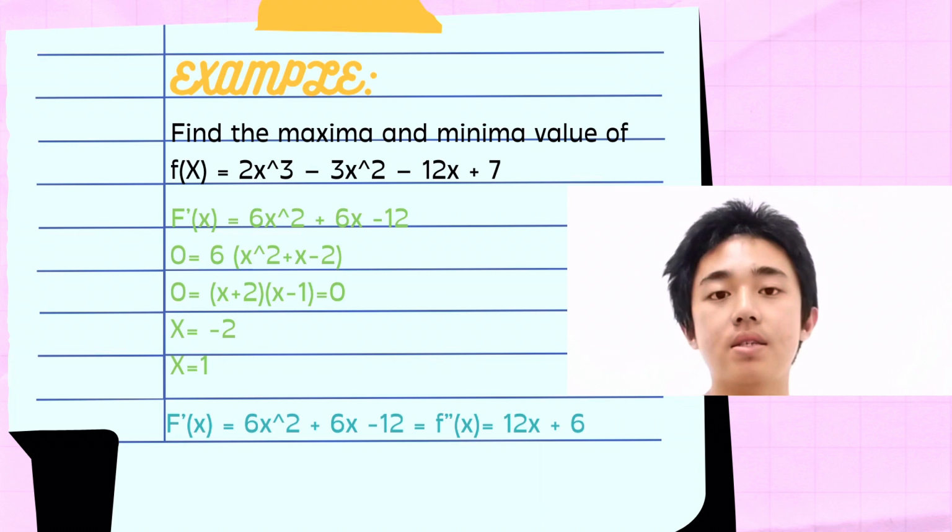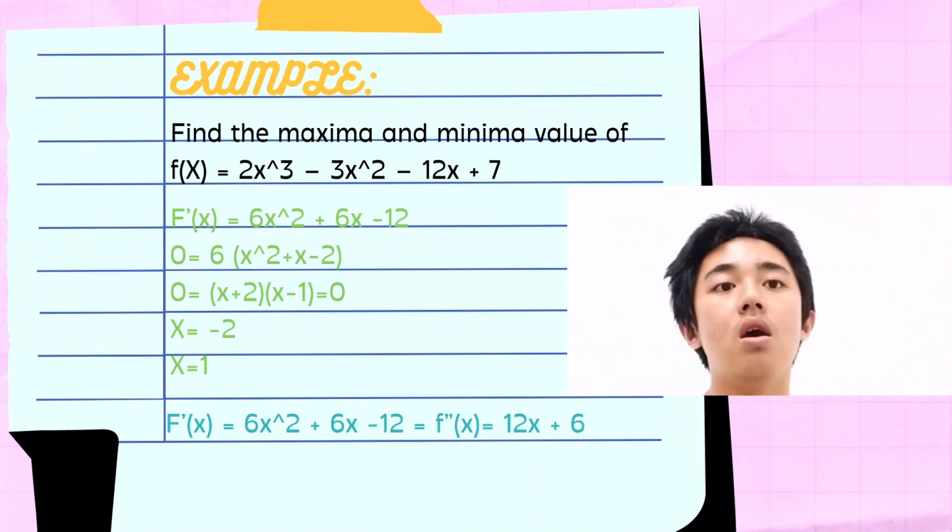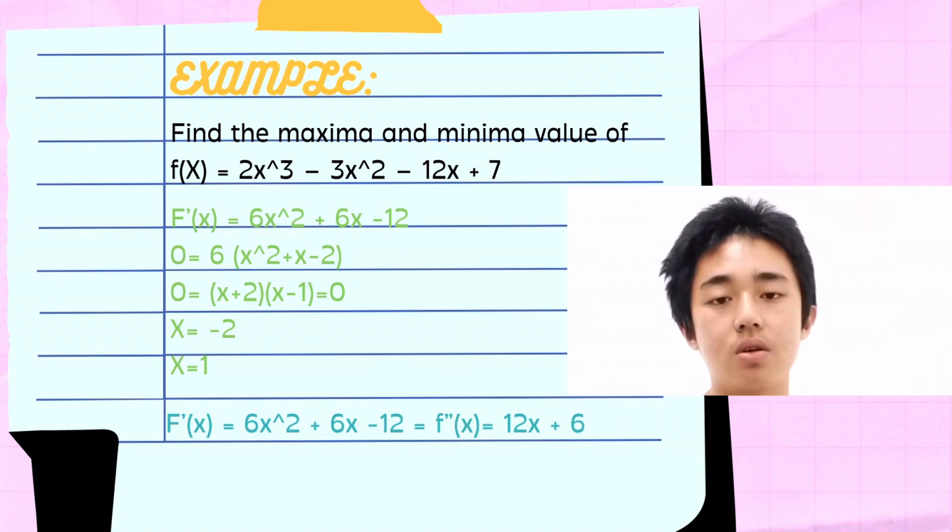Then 12x has only power 1, so it is 12. But 7 is a constant number, so its derivative is 0.